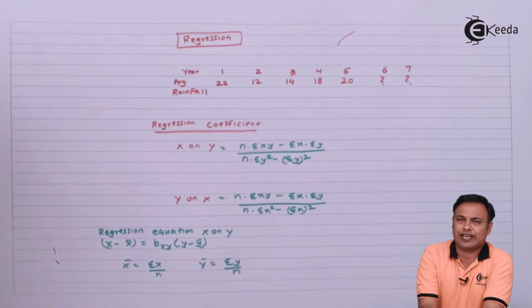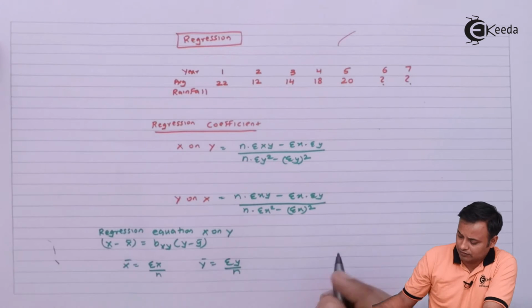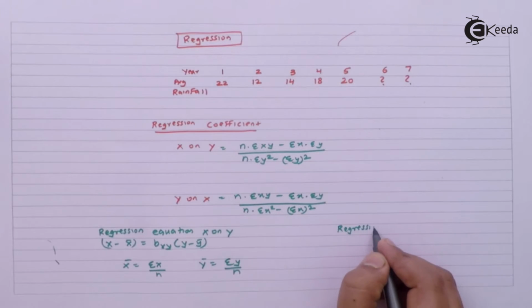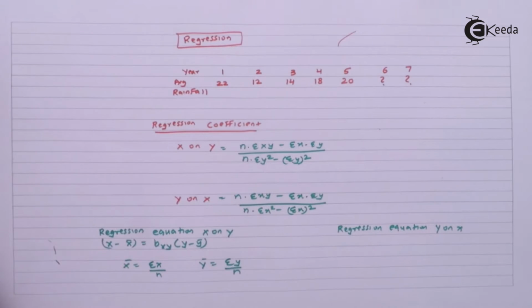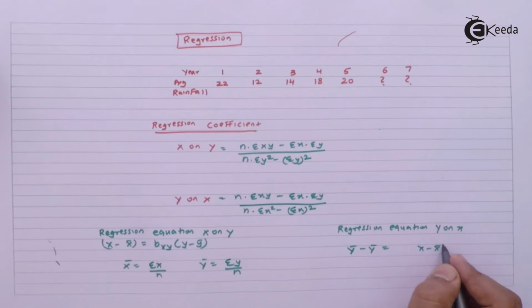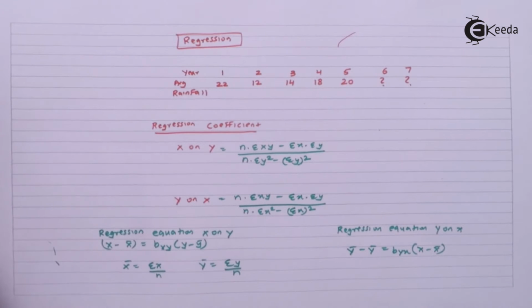The formula for the second regression equation y on x will be exactly reverse. Regression equation y on x is y minus y bar equals x minus x bar into byx. So these are the two equations that I can use to calculate one value if the other value is given in the problem.